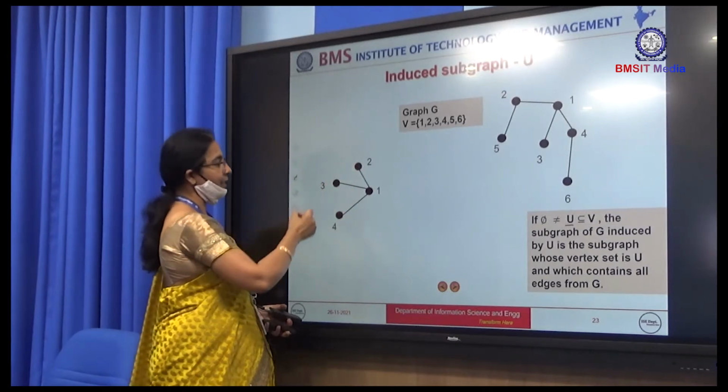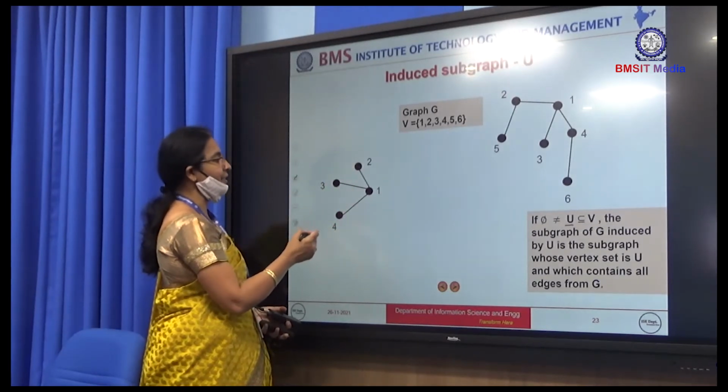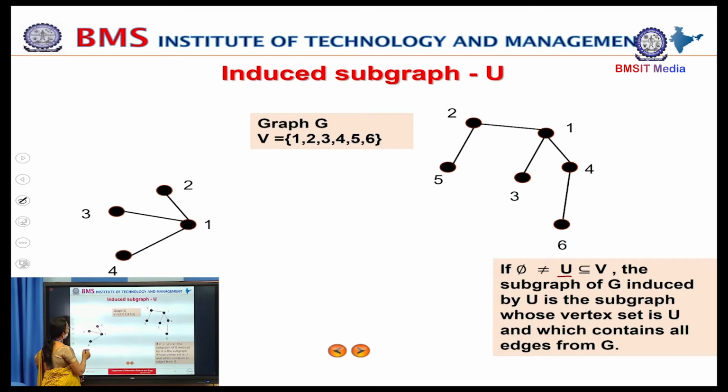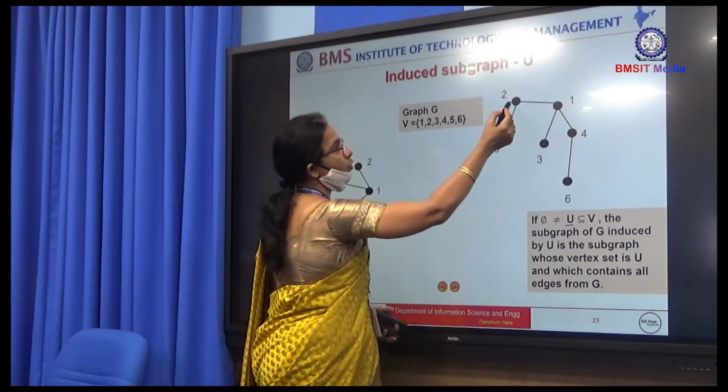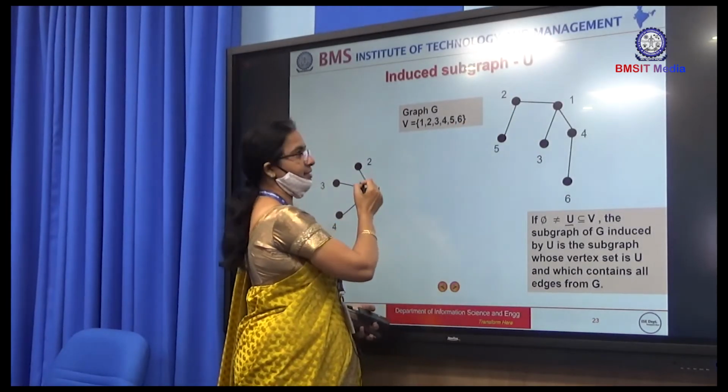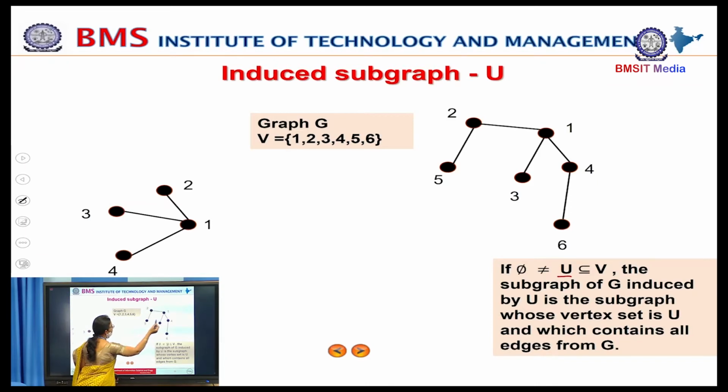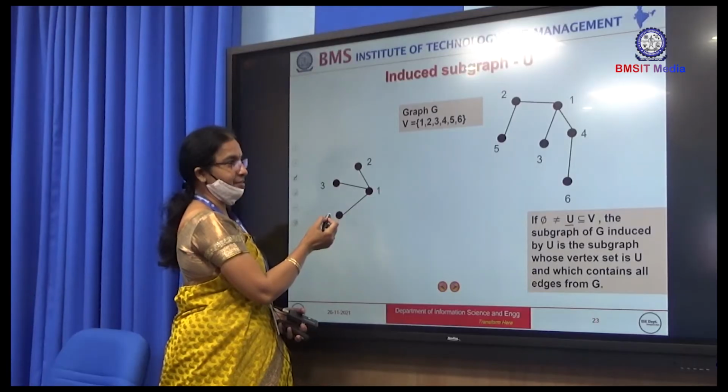This is a subgraph. Now we need to check whether it is an induced subgraph or not. Here I have considered vertices 1, 2, 3 and 4. From 1 to 2 there is an edge, that edge is considered. From 1 to 3 there is an edge, that edge is considered. From 1 to 4 there is an edge and that edge is considered here.